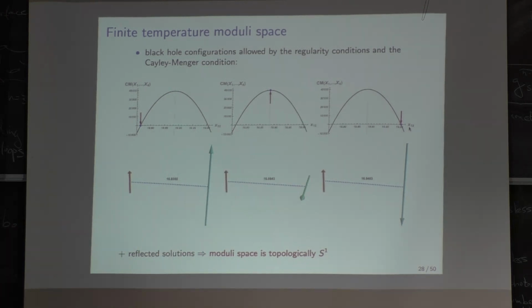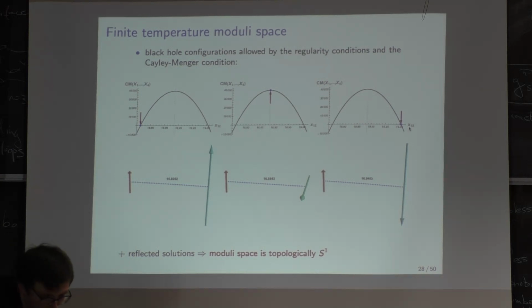And therefore, the full moduli space of these finite temperature solutions is actually given by the full circle. So we started with a moduli space at 0 temperature that was simply a point, but now after turning on the temperature, this moduli space developed into a topologically S1 moduli space, whose size is now dependent on the inverse temperature data.